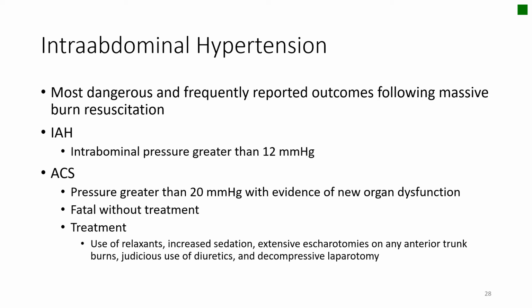Abdominal compartment syndrome is fatal without treatment, and treatment includes the use of neuromuscular relaxants and increased sedation in those who are mechanically ventilated. Also, patients with extensive burns on the anterior of the trunk may have to have that area undergo an escharotomy, and judicious use of diuretics as well as decompressive laparotomy.